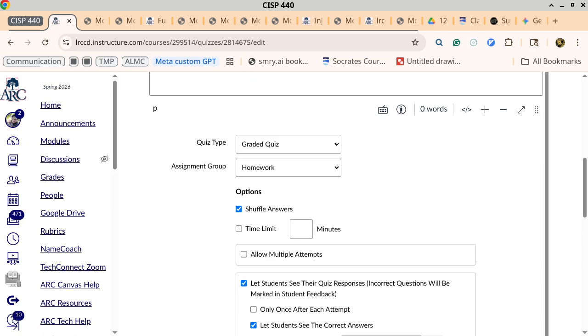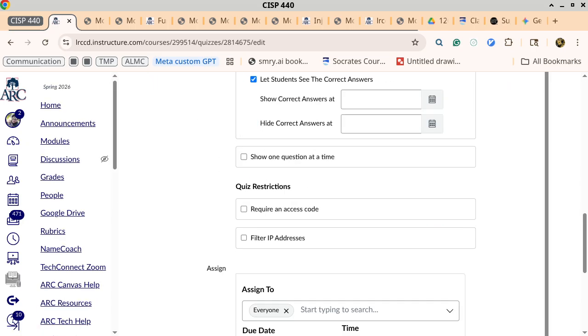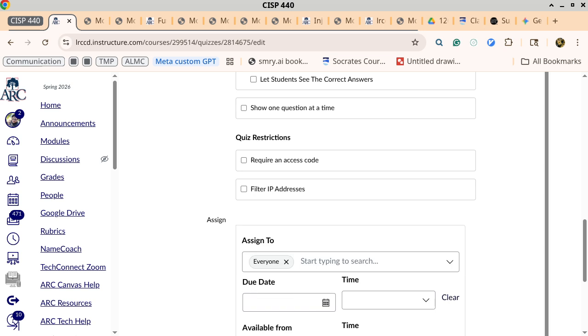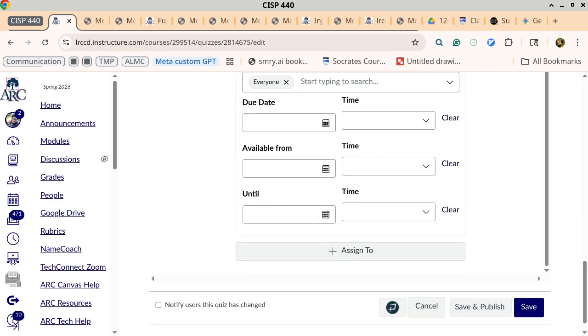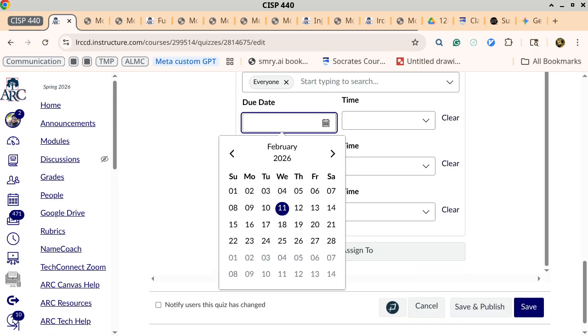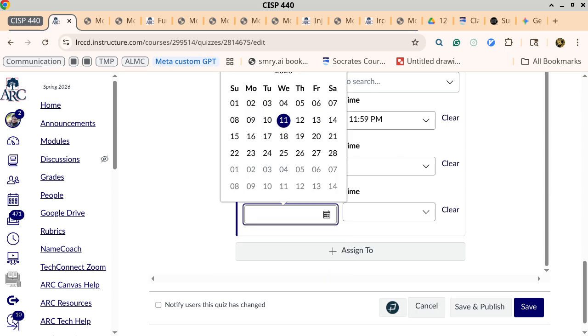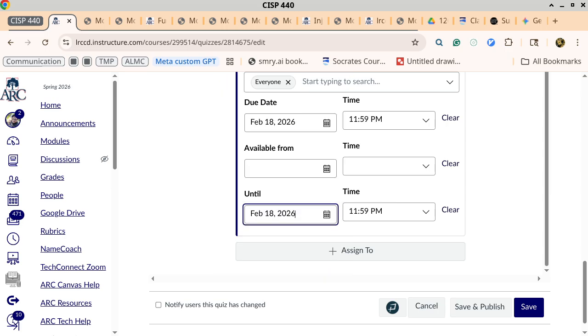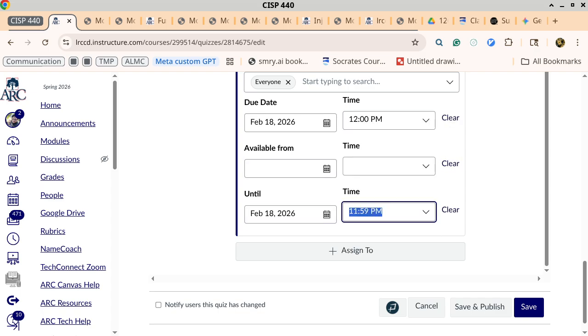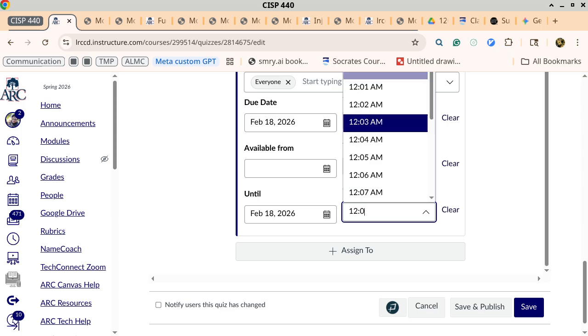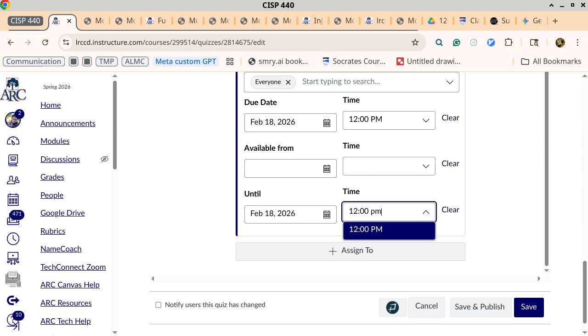So this is the relation assignment. I'm just going to turn it off for now. I can turn it back on later. And I'll give you a week to work on this. So we are looking at the 18th. And we'll change the time to 12 p.m. And there we go.